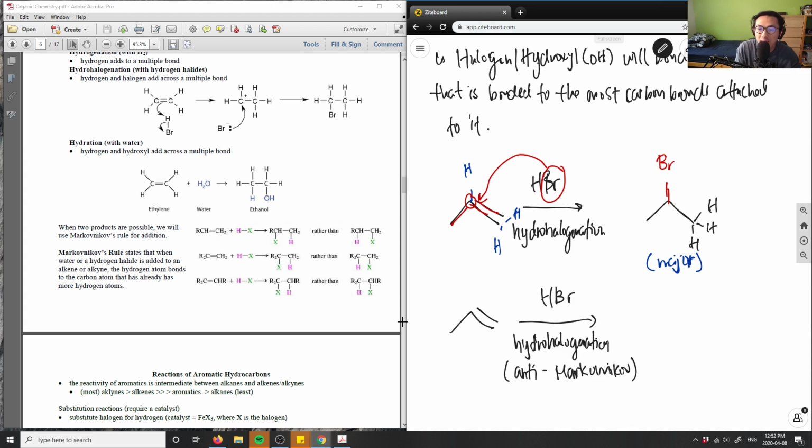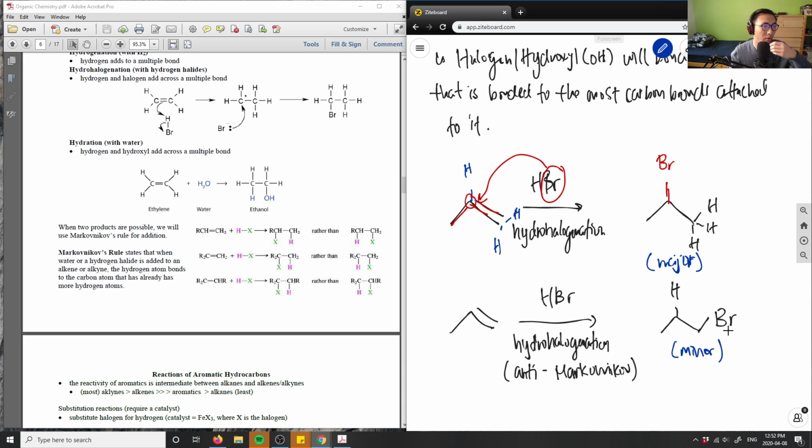Then my Br is going to bond to this site instead of the middle site, and this one is going to get the hydrogen instead. So the Br bonds to the carbon that has the most hydrogens, which does not obey Markovnikov's rule. And this is a minor product.